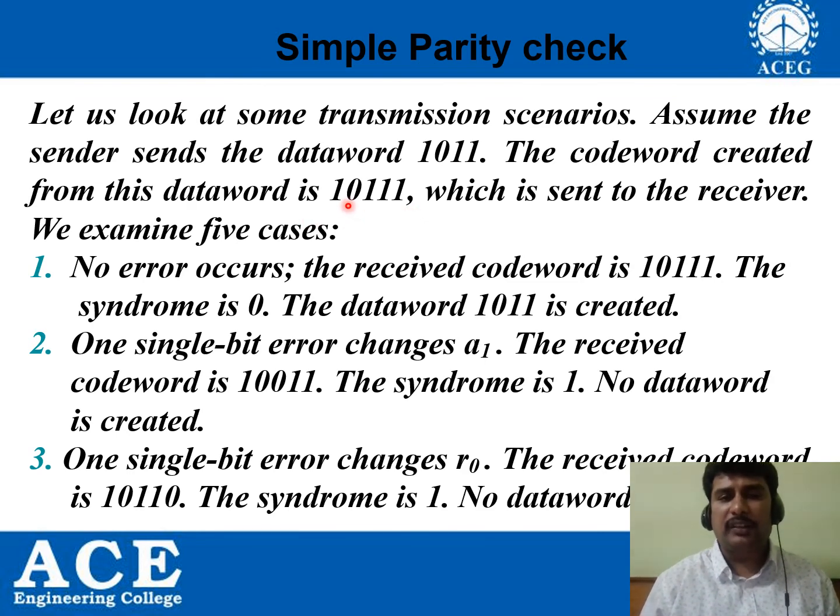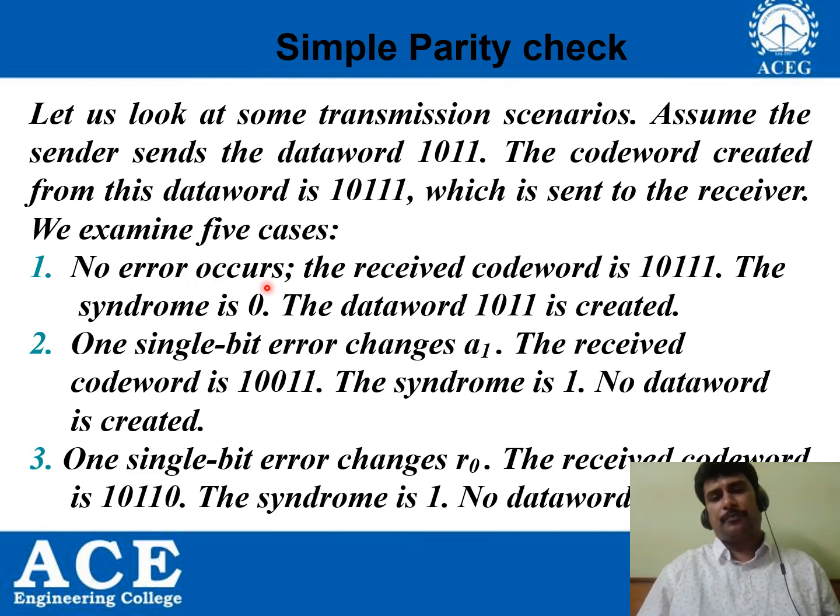If I am transmitting 10111 and no error occurred during transmission, the received code word is 10111, as transmitted. When the code word is received, we determine the syndrome, which is generated by the exclusive OR of the individual bits. 1 exclusive OR 0 is 1, then 1 exclusive OR 1 is 0, 0 exclusive OR 1 is 1, and finally 1 exclusive OR 1 is 0.